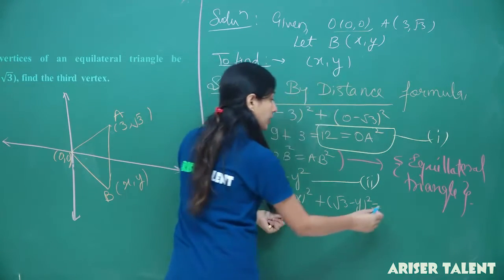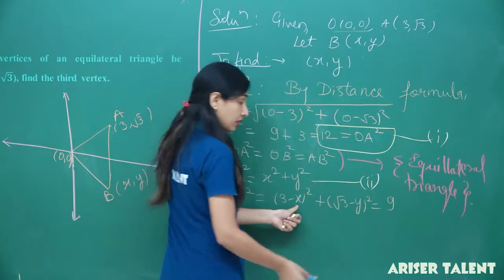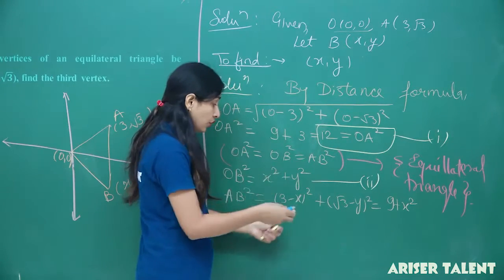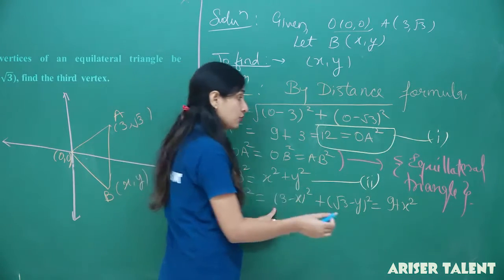That will be a square plus b square minus 2ab.